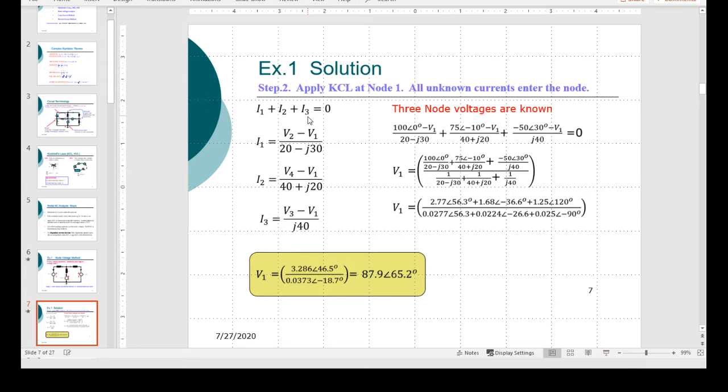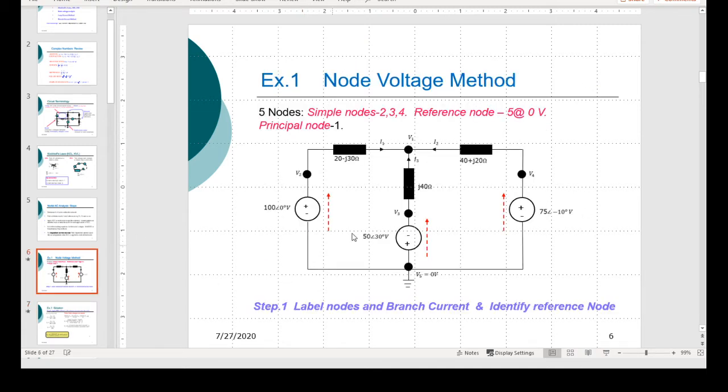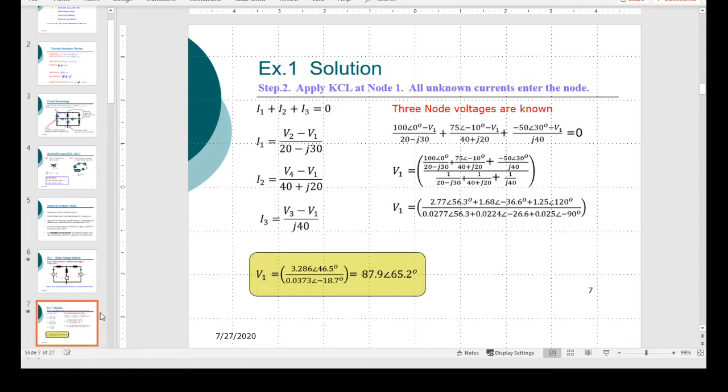The next step, I must apply Ohm's law in each of those branches to calculate the currents. If I want to find I1, then I1 is V2 less V1 divided by 20 minus j30. So that gives me this equation.